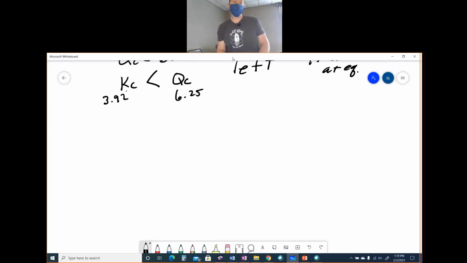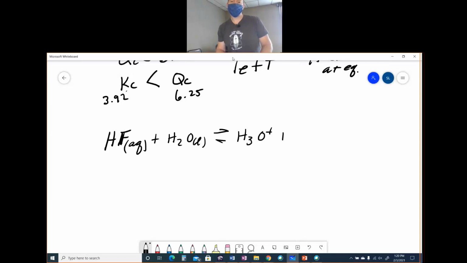We're going to take HF. All acids are aqueous. This is an acid. It is aqueous. We're going to add H2O. We're going to get H3O plus and F minus.